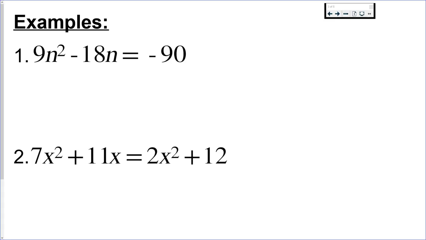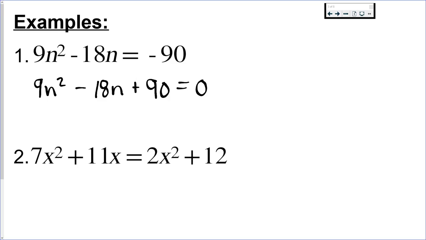So the first one, we have to get equal to 0 first and then determine what we want to do for that one. So we have 9n squared minus 18n, and then we would want to add the 90 over to the other side, equals 0. We have a b term, so we can't square root.